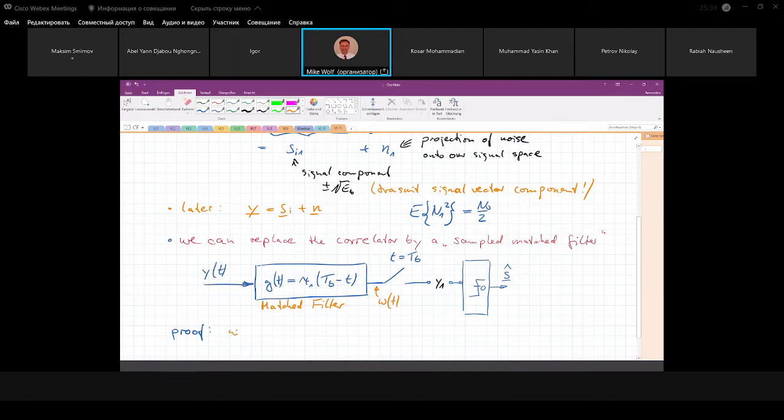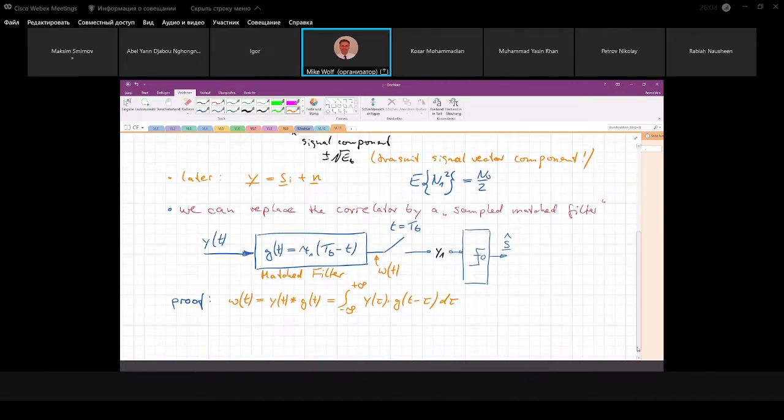This W of t is just an intermediate step, and this is Y of t. We need to do the convolution with the impulse response G of t. The convolutional product is defined as the integral from minus infinity to plus infinity of Y of tau times G of t minus tau d tau. This is just a convolution.